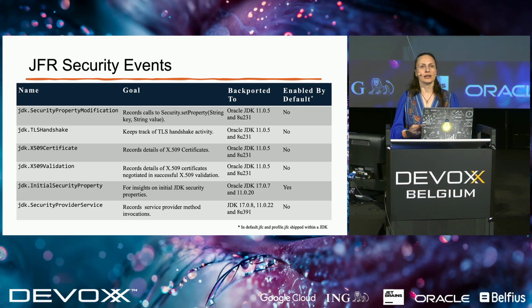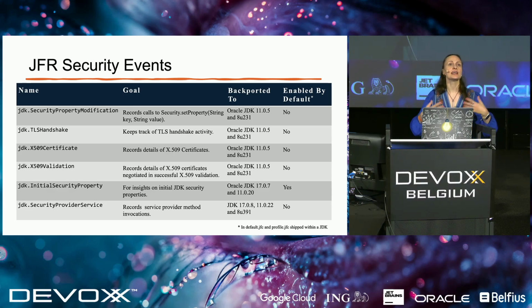In their order, security property modification looks into the security properties that are dynamically modified while you're using your application. Throughout the course of your application, security properties can change, dynamically, thanks to the method Security.setProperty, which has 2 values, a string key and a string value. Then there's another one that looks into TLS handshakes.